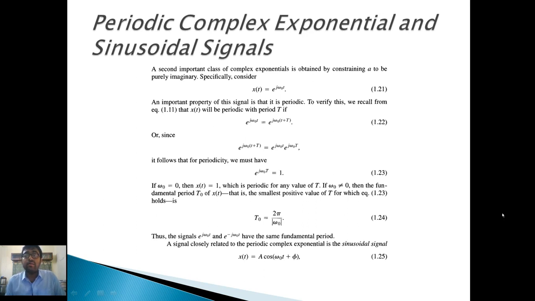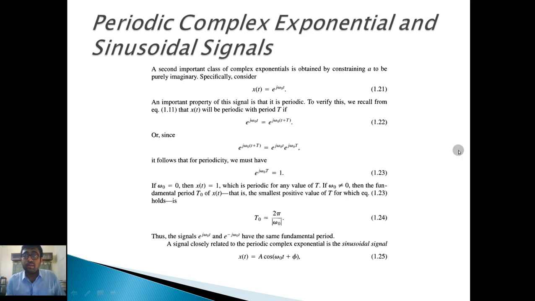In the previous slide we had c e to the power alpha t. Now, in place of alpha or a, I am considering j omega 0, a purely imaginary number, as we already know from our previous studies.